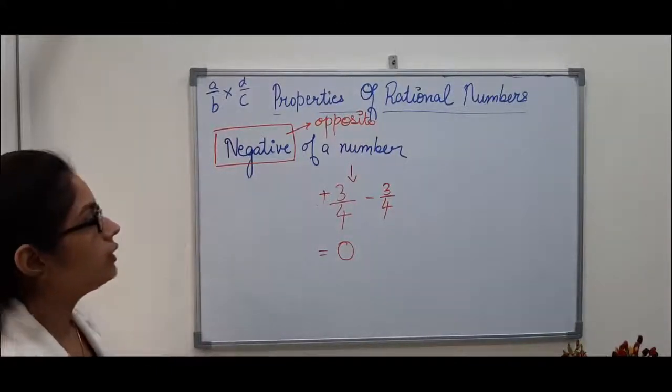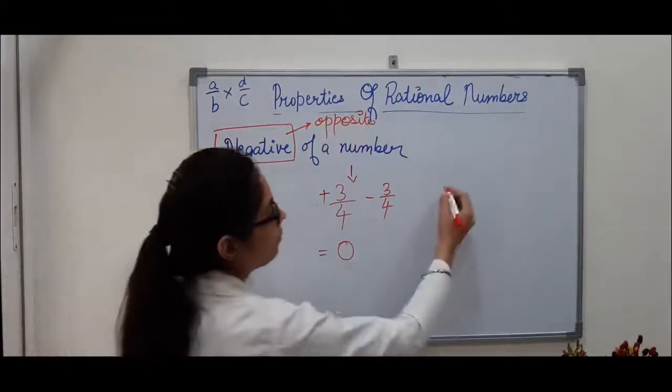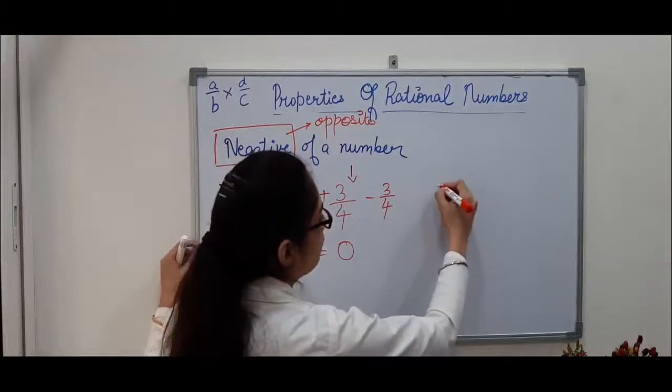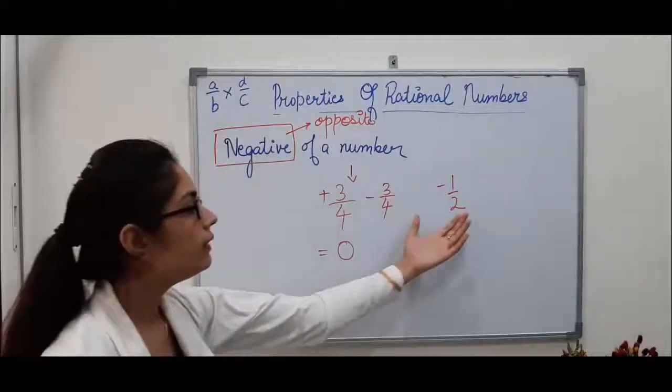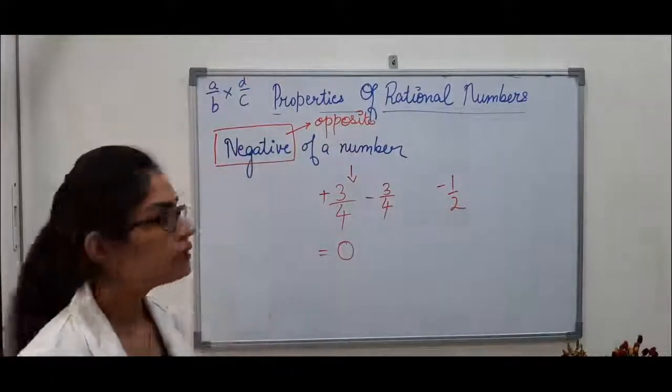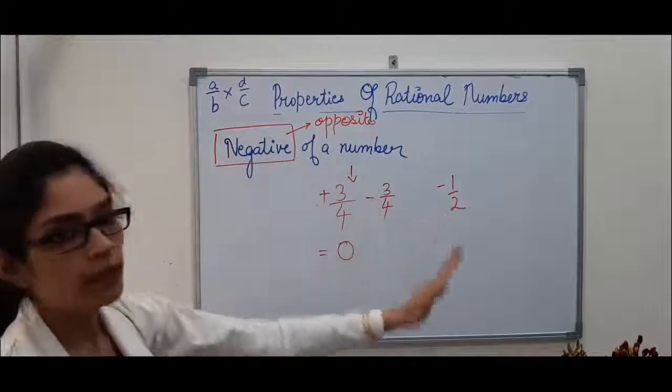Let's try with some other example also. Now I will take minus 1 by 2. I have already taken a number with a minus sign, but I have to take its negative.